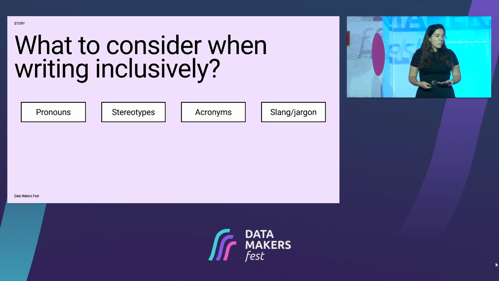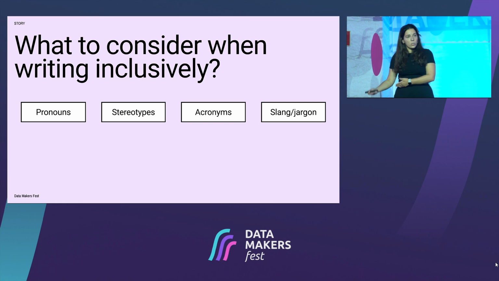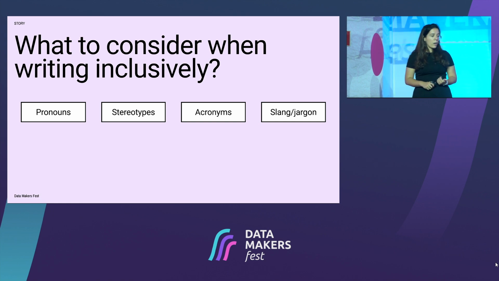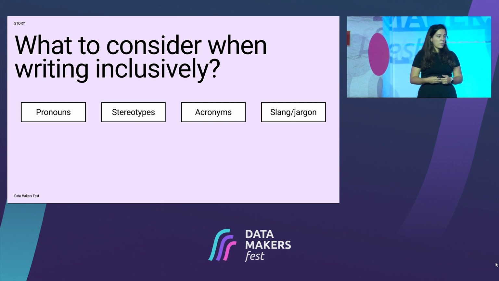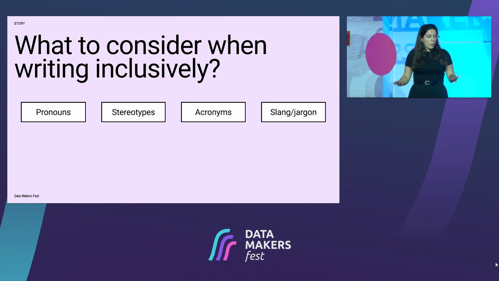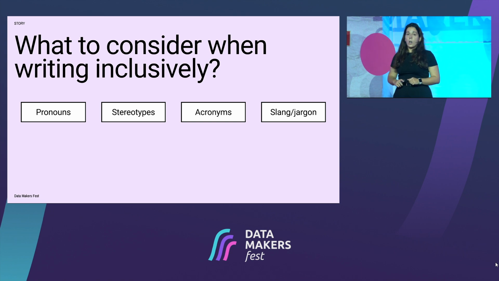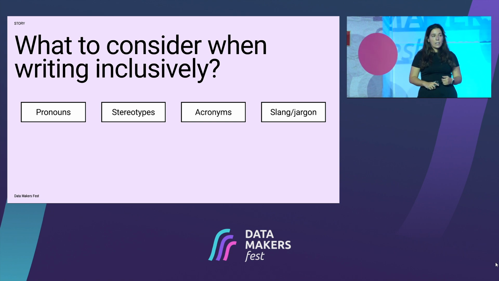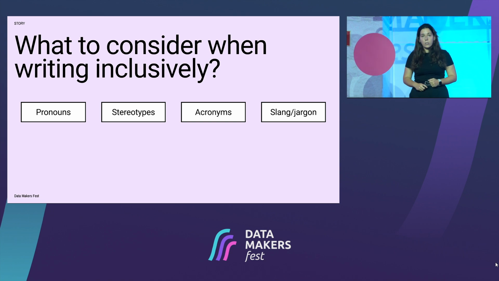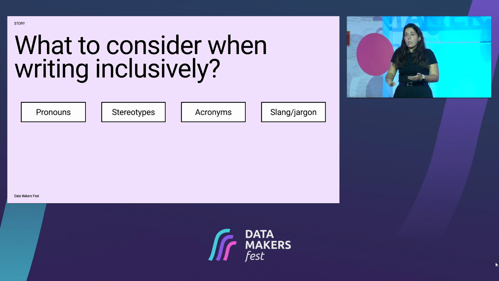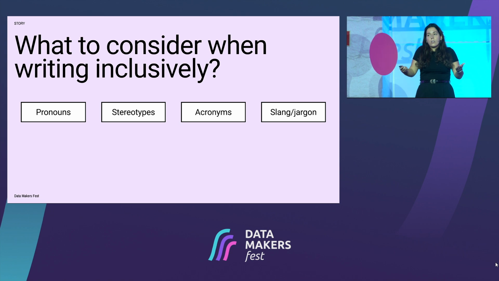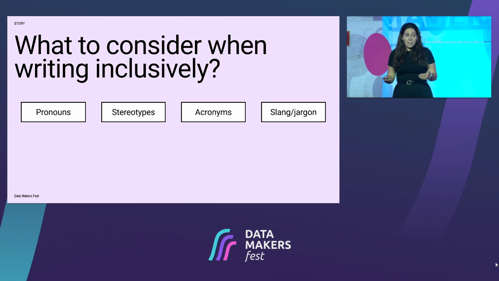And what to consider? There are different things to consider when thinking about visualization and writing with inclusive language. Just be aware of the pronouns that you're using, and of potential stereotypes that you are conveying in your data visualization. Acronyms, slang and jargon. Imagine a junior data scientist coming across your visualization, and you are using an acronym that they don't really know about.